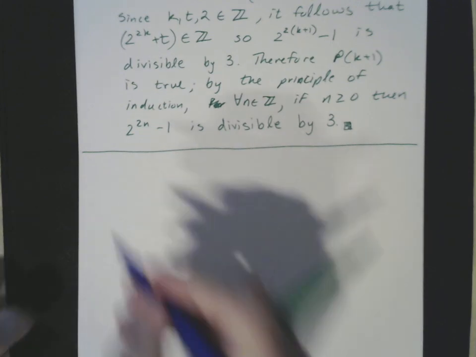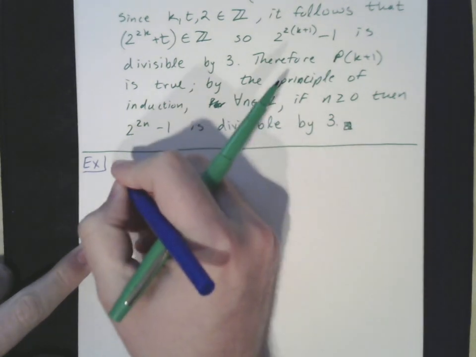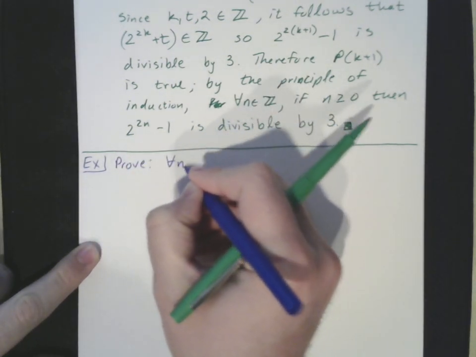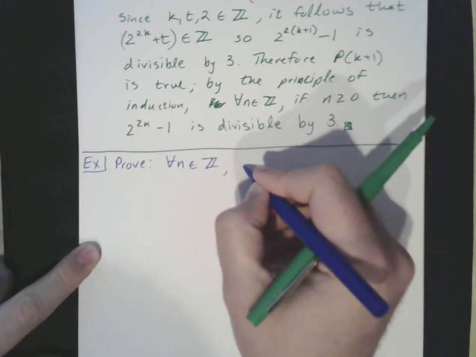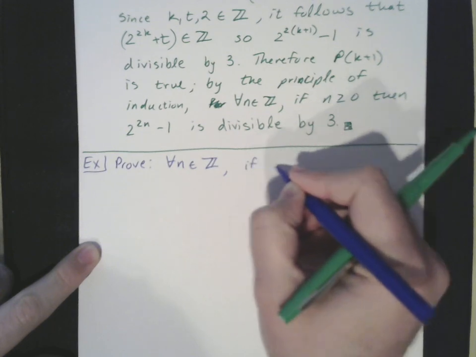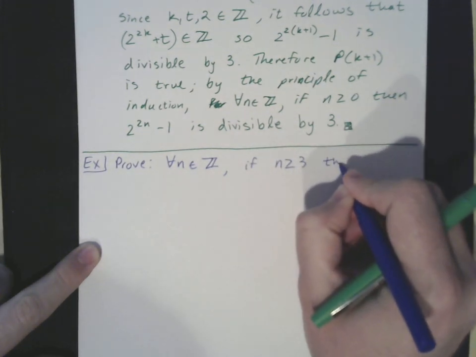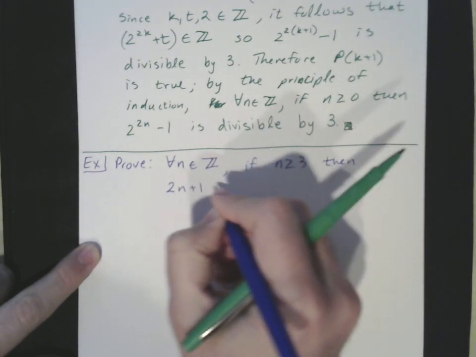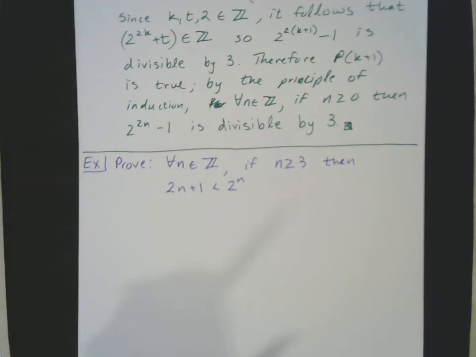Alright, so the next one here, we are going to prove for all integers n, if n is greater than or equal to 3, then 2n plus 1 is less than 2 to the n.